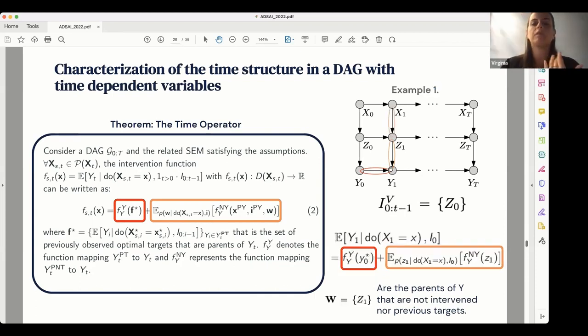If we look instead at an intervention on x1, the causal effect for y1 is again determined by the previously found optimal level for y0 propagated through the edge highlighted in red, and then the level of intervention for x1 propagated through these 2 edges highlighted in orange, but also considering the effect of previously implemented interventions, so z0 on z1.